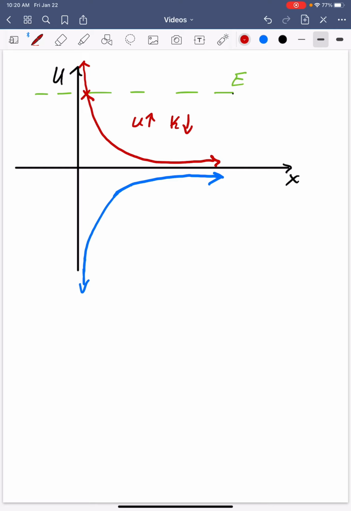Then it stops because there's no energy left but potential, and then turns around. So this would be a repulsive potential.